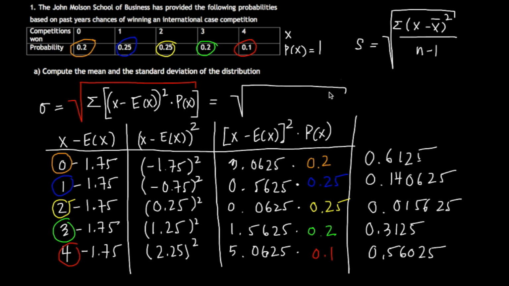Okay. So 0.6125 plus 0.140625 plus 0.015625 plus 0.3125 plus 0.56025. This gives us a total of 1.6415.